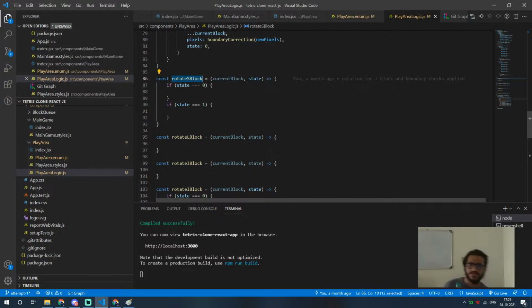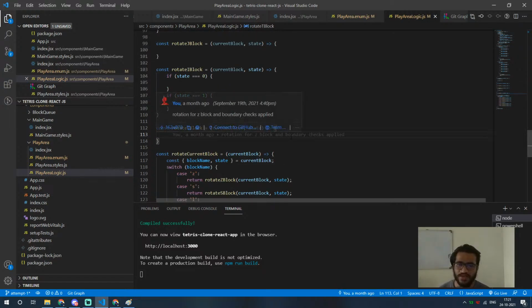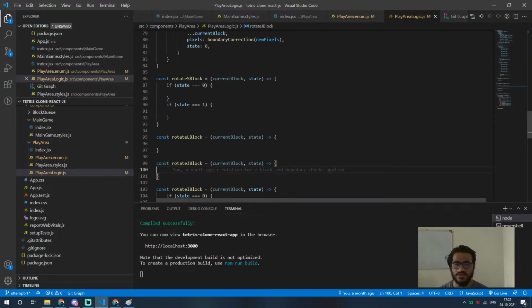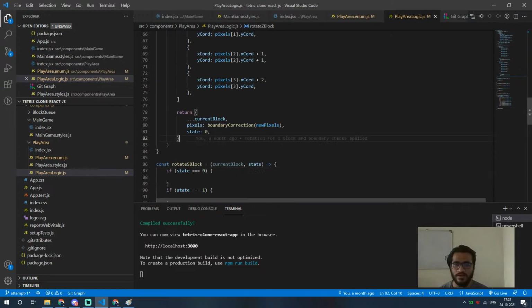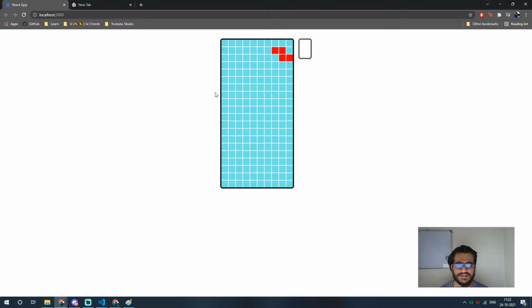I think I should work on rotating these first, because their logic is ready. Other logics are ready for it, so the boundary correction is ready for them.